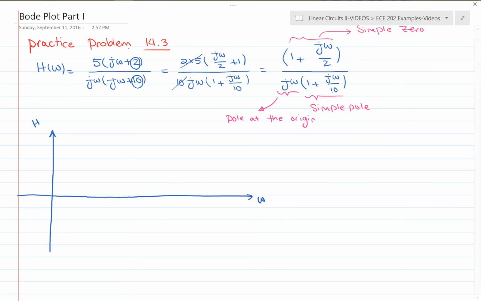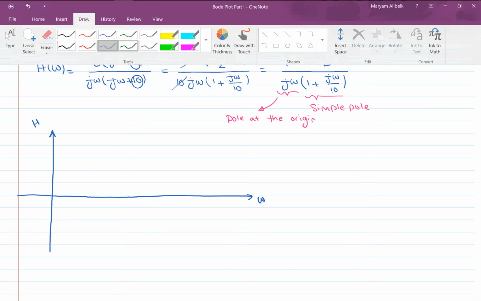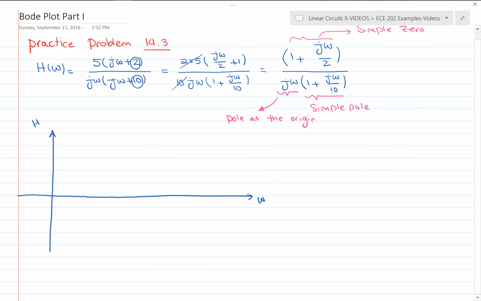So first one is the simple 0. So if you look at the table that we have on page 623, you can see that if we have a simple 0, which is the 4th row, it says that, oh, let me first specify the frequencies that we have here on the axis. 0.1, and then we have 1, 10, and 100.